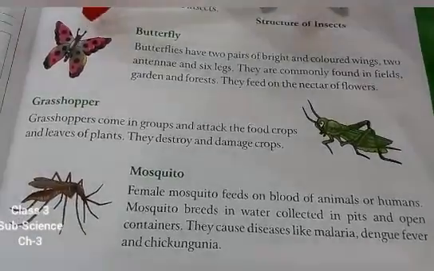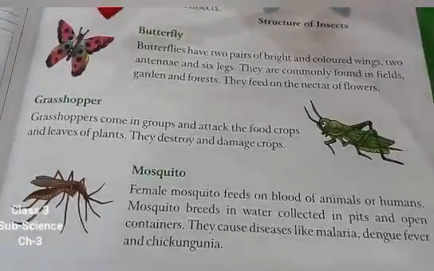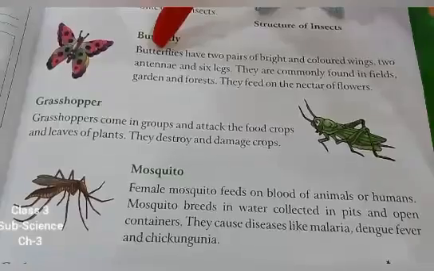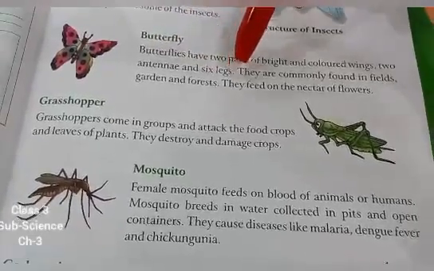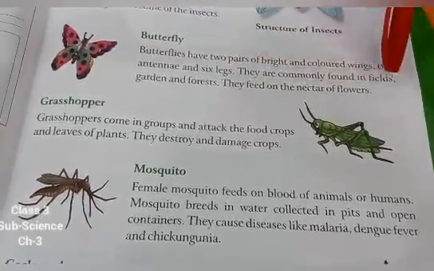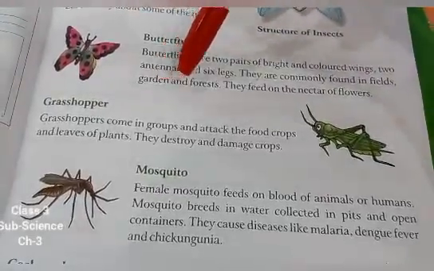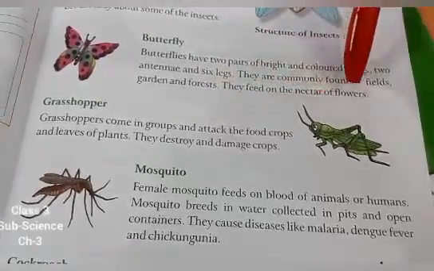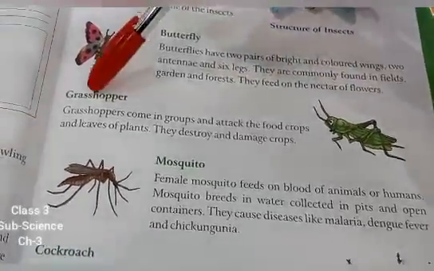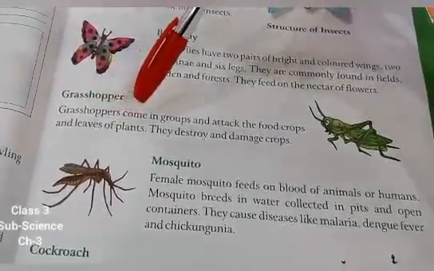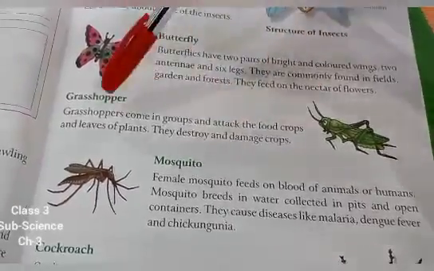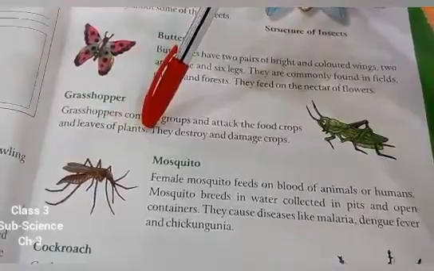Butterfly. Butterflies have two pairs of bright and colored wings, two antennae and six legs. They are commonly found in fields, gardens and forests. They feed on the nectar of flowers. Grasshopper. Grasshoppers come in groups and attack the food crops and the leaves of plants.